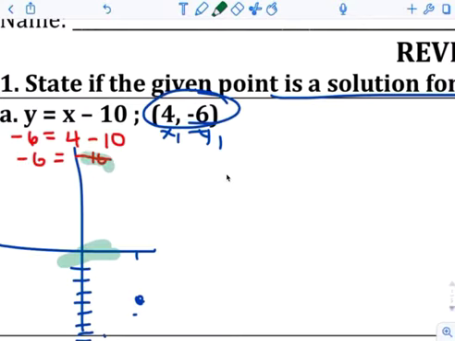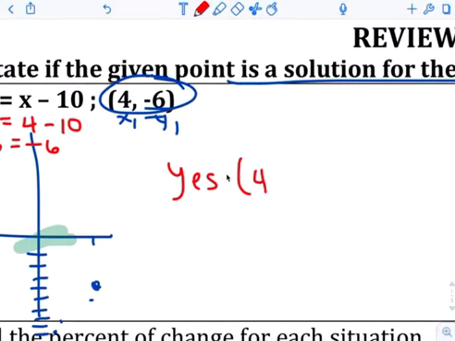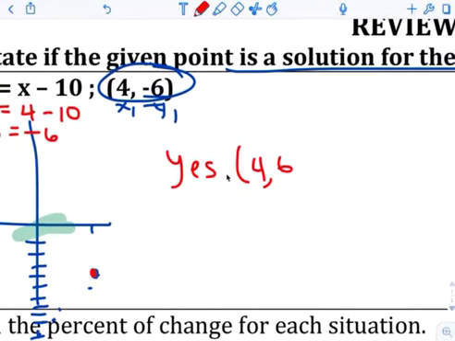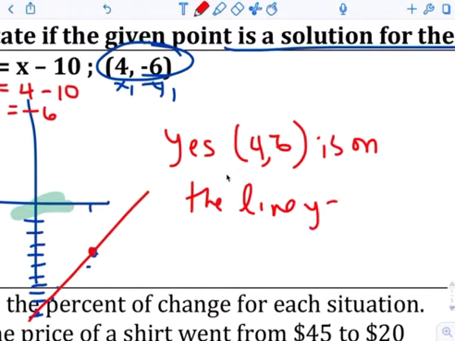So yes, this dot, for 4, -6, right here, you kind of see it already, is on the line y equals x minus 10.